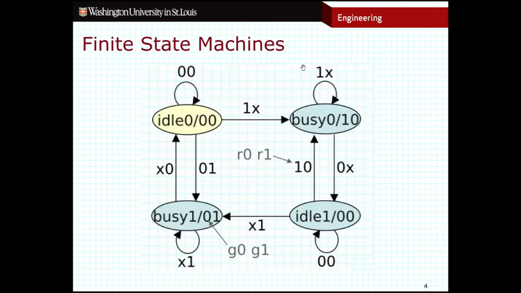So what is this finite state machine trying to tell us? Well, this finite state machine is what is called a fair arbiter. Imagine a case where we have one resource, maybe a disk, right? And then I have 2 processes that want to use that resource, that maybe want to write some data to that disk, for example.